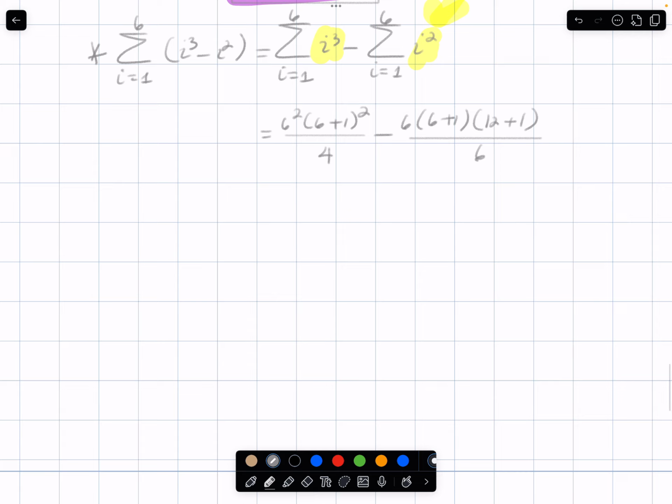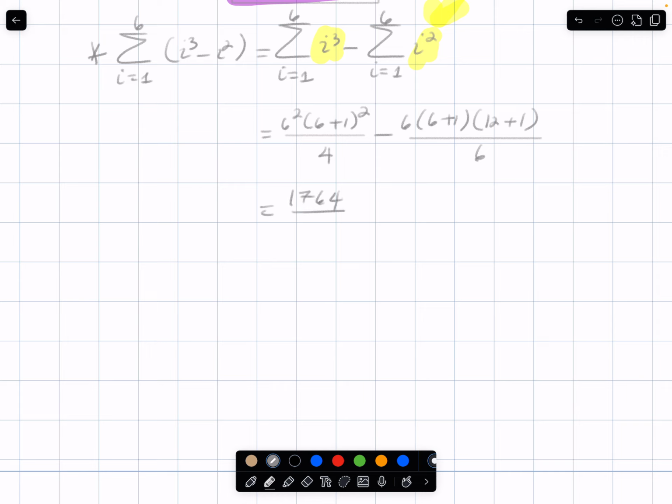Oh, let's get our dandy calculator. Oh, come on. Okay. So that would be 6 squared, 36, times 7 squared, 49. So 49 times 36 is 1,764.